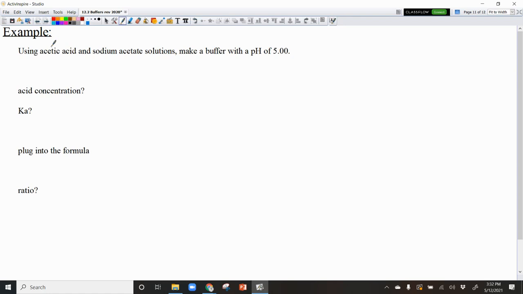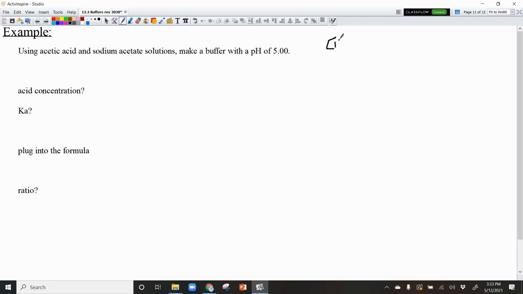All right, so you may be asked to solve for something besides the pH. Like, say, for example, using acetic acid and sodium acetate solutions, which is a buffer solution, make a buffer with the pH of 5.0. Okay, so we need to look at our formula.